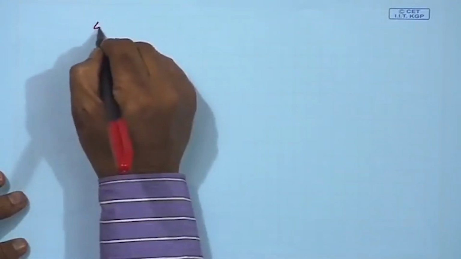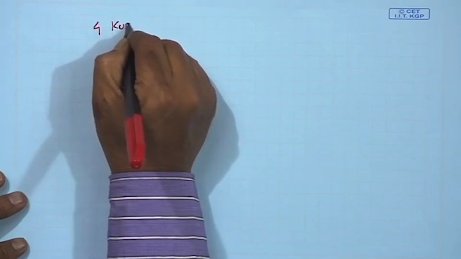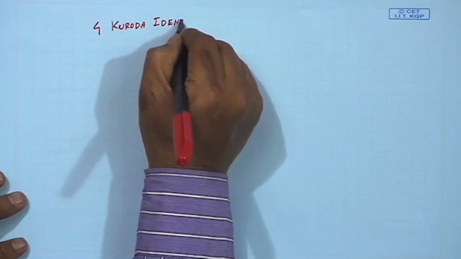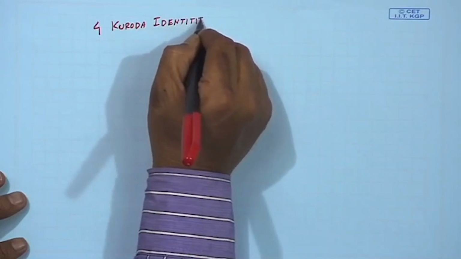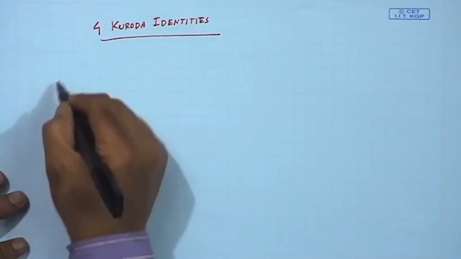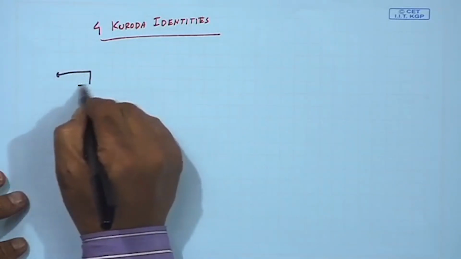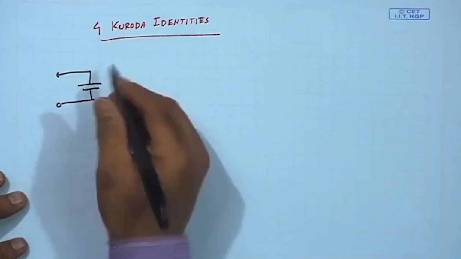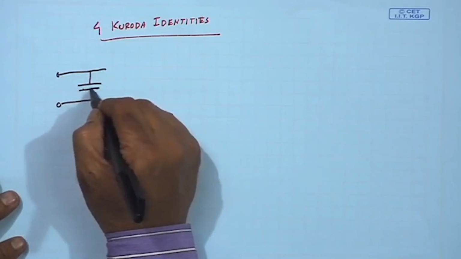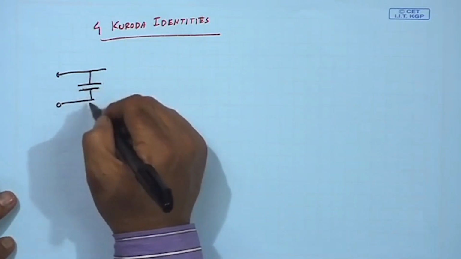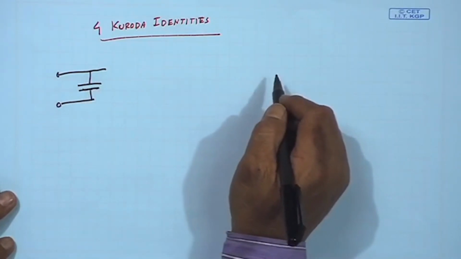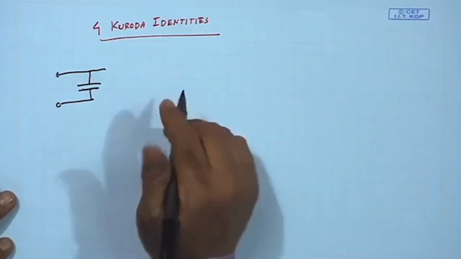There are 4 Kuroda's identities. What he did, that suppose I have a lumped filter, I want to convert it to an inductor. That means, basically this shunt open circuit I want to make as a series short circuit stub.